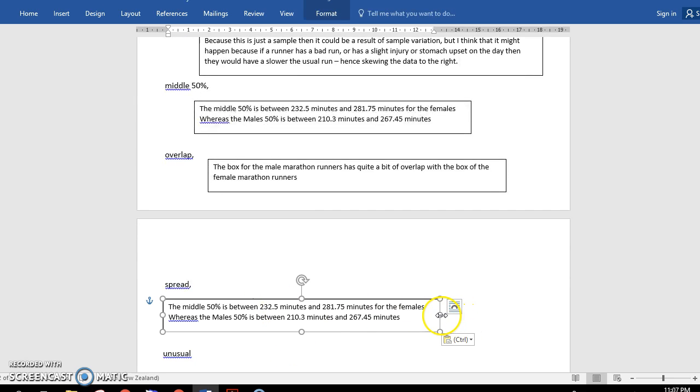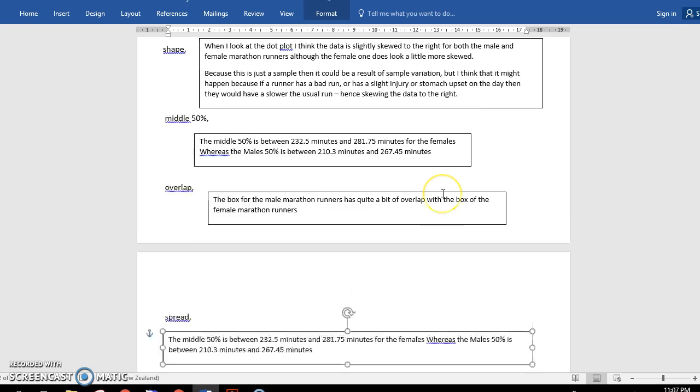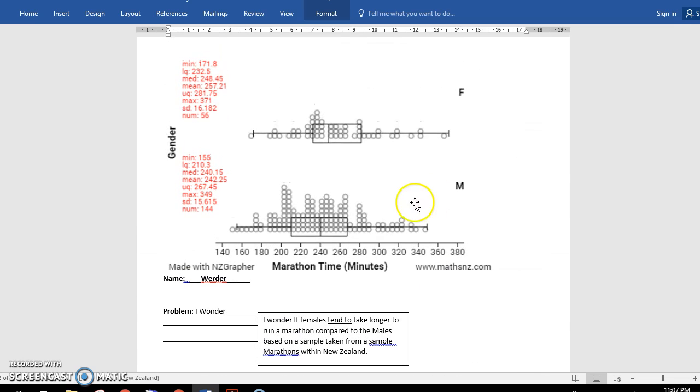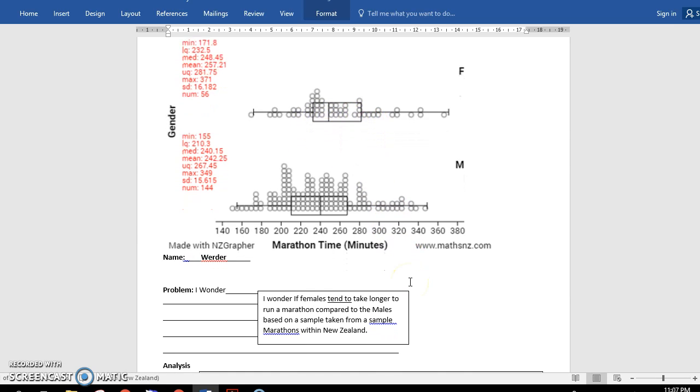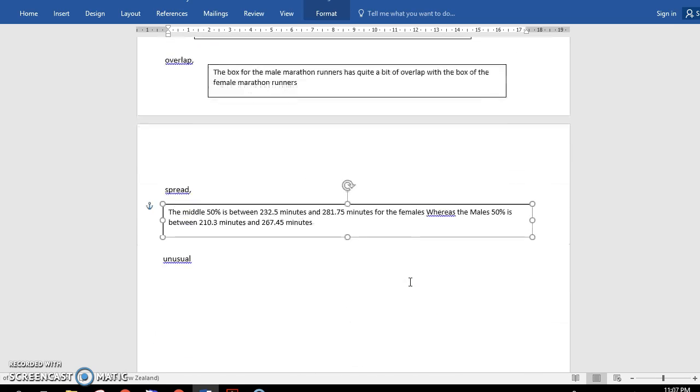I'm going to talk about which one's more spread out by looking at the box. They're pretty similar. I'd say the males are probably a little bit more spread out than the females, but there's not much in it. I'm going to get a bigger number when I do the upper quartile minus the lower quartile, which is the interquartile range. But it's not that much difference, and it could just be because of sample variation.